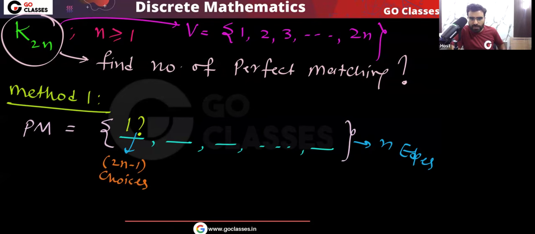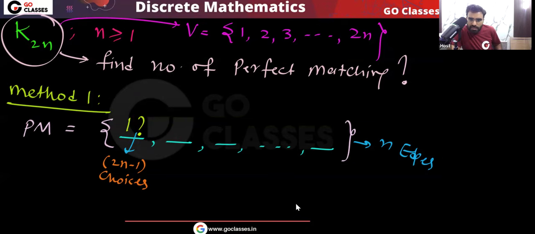Very good. Very simple. Now let's assume that with this one, I have already chosen a partner. Then what I will do? From the remaining 2n minus 2 vertices, I will find the minimum numbered vertex, and for that I will find a partner.